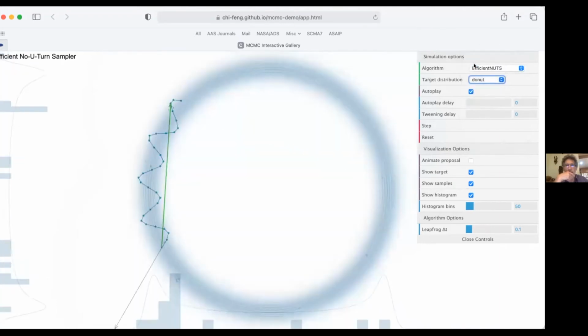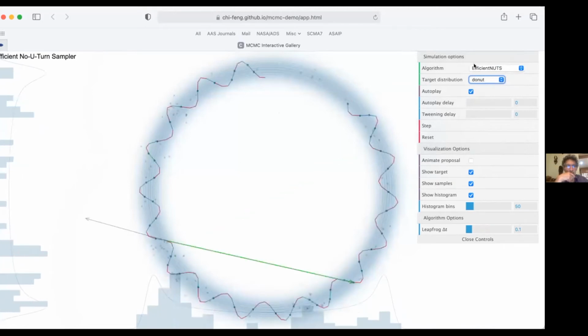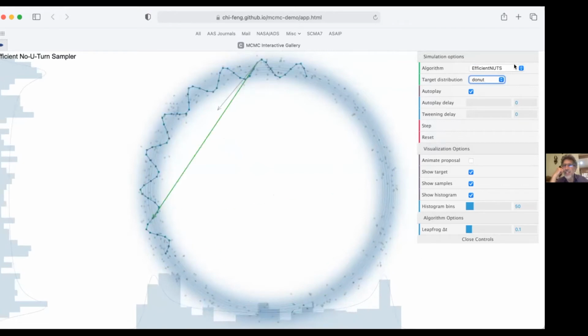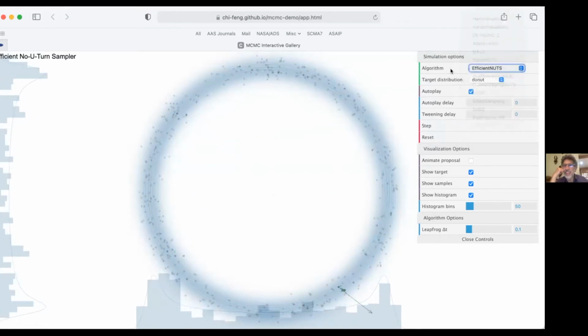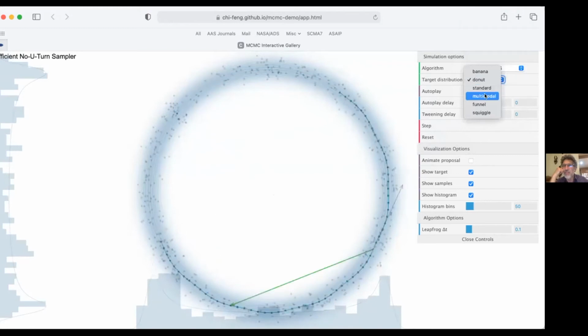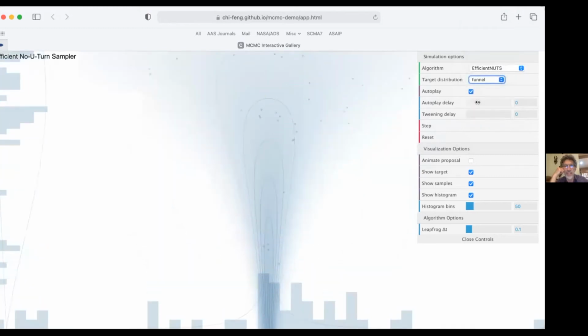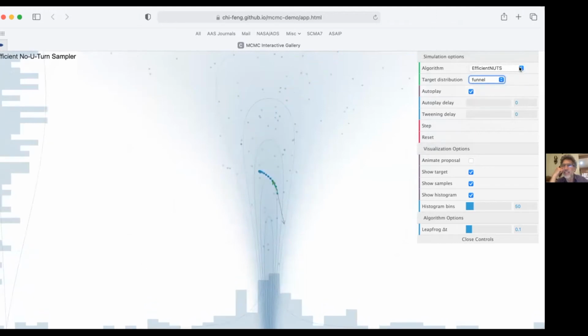Let's try another pattern. I've never seen a posterior look like a donut, but they have, some of them do this well and some of them don't. Let's not do a donut. Let's do, what's a funnel? Oh, okay, a funnel.